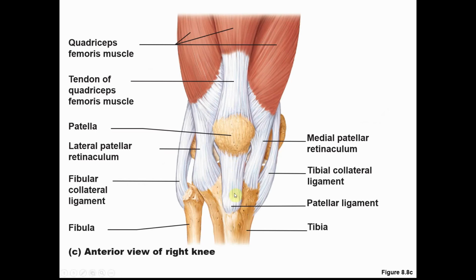Here's our patellar ligament. Here's our medial patellar retinaculum. Here's the lateral patellar retinaculum. Here's our fibular collateral ligament and our tibial collateral ligament. This whole webwork of ligaments and muscles helps to keep the knee stable and limit its motion to one direction only.